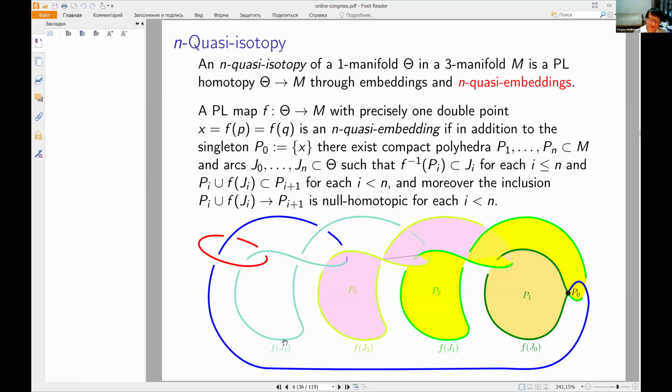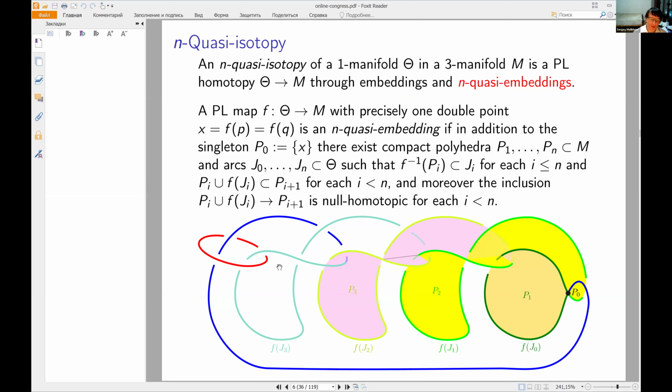until you get to a point when, if you want to choose a next polyhedron, it is going to intersect the other component of the link. And this is not good because its preimage will then contain points on both components. And we must have the preimage contained in the arc, and this arc cannot contain points from two different components.